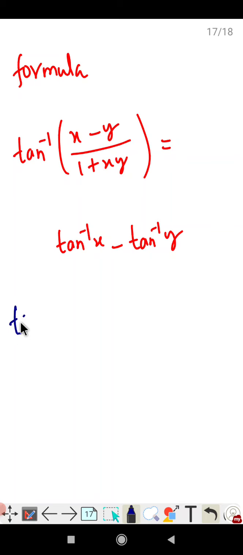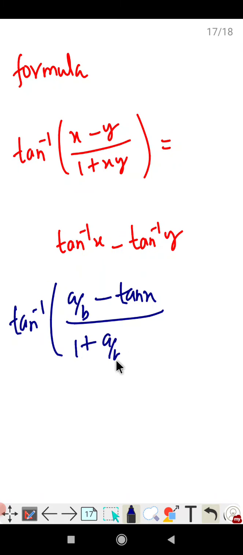Here in place of x we have a by b, and in place of y we have tan x.